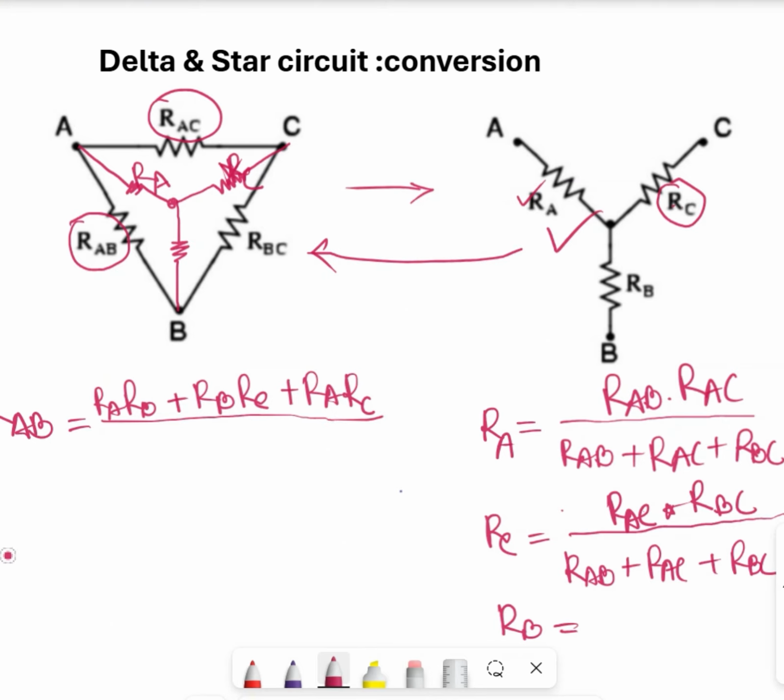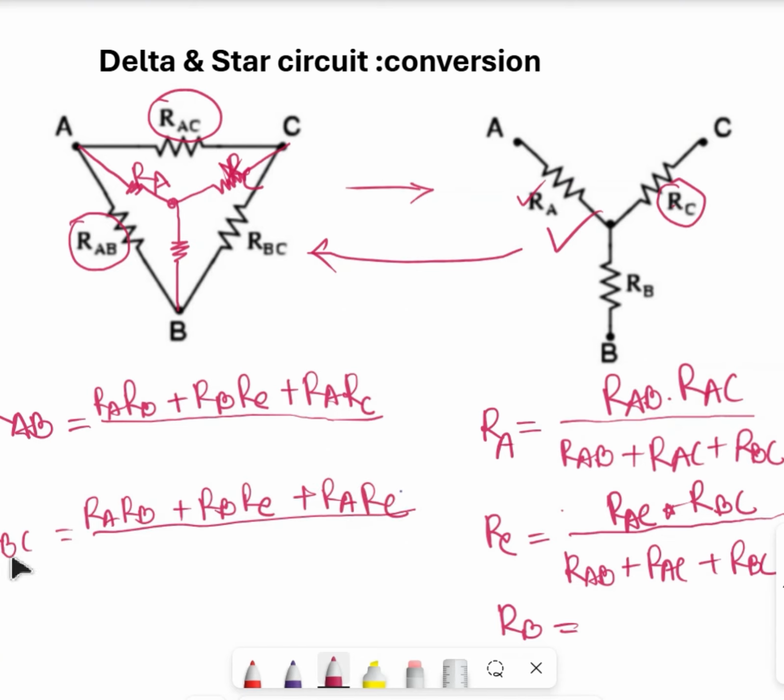Same for RBC, the same numerator: RA RB plus RB RC plus RA RC.